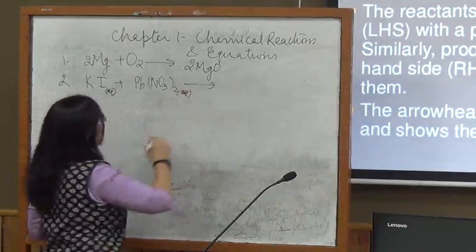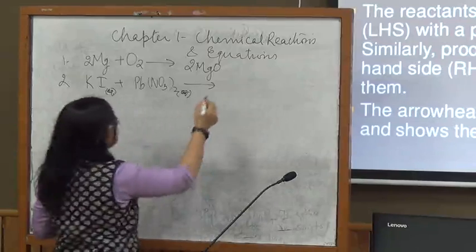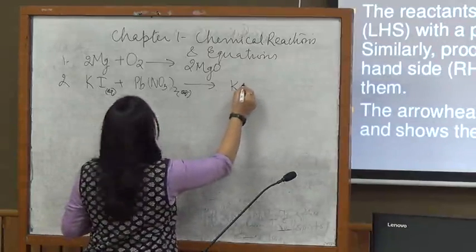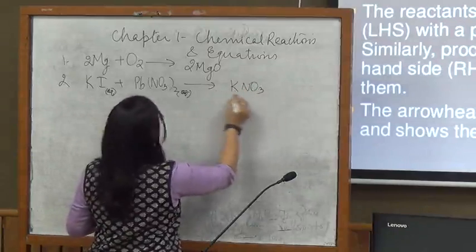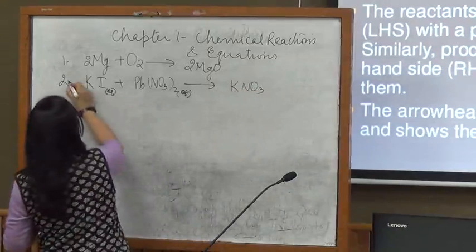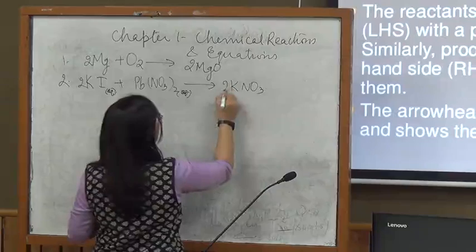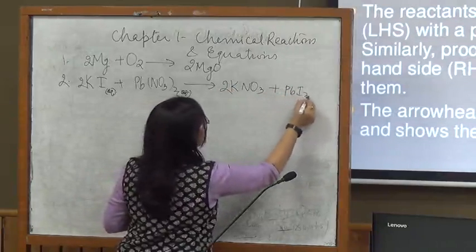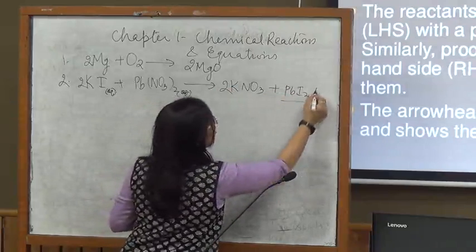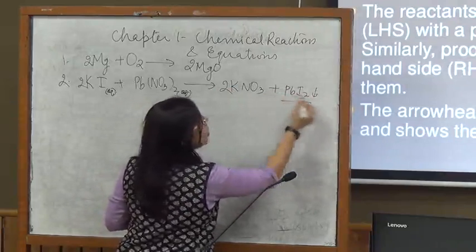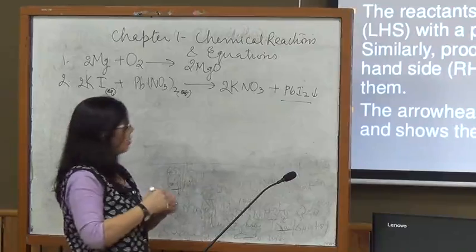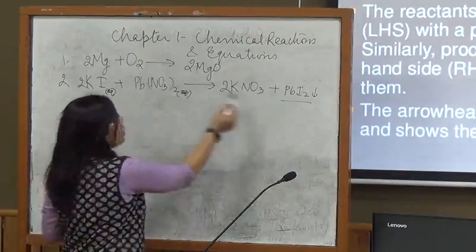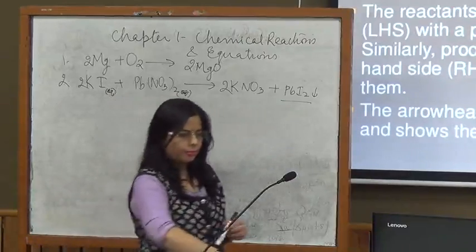And as a result there is a formation of potassium nitrate and lead iodide, and this yellow precipitate that you observe is lead iodide. So these are the reactants and these are the products.